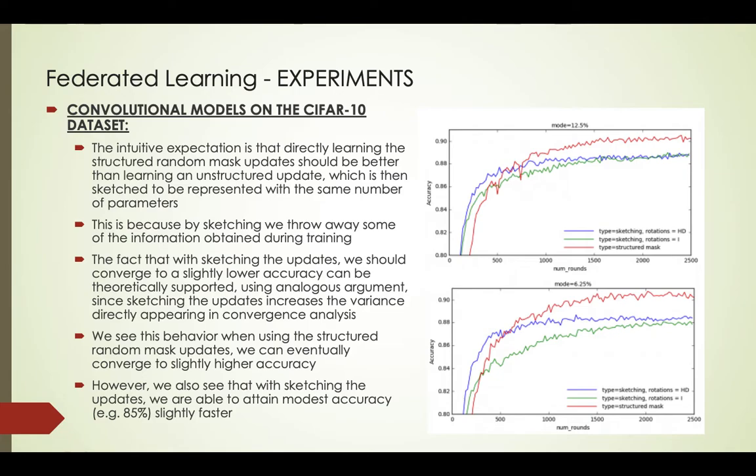The fact that with sketching the updates we should converge to a slightly lower accuracy can be theoretically supported using an analogous argument, since sketching the updates increases the variance directly appearing in convergence analysis.